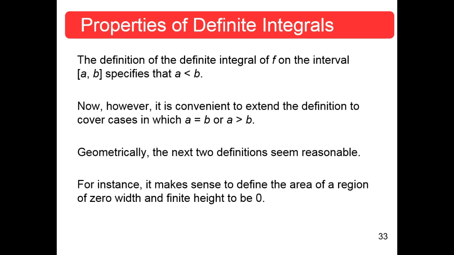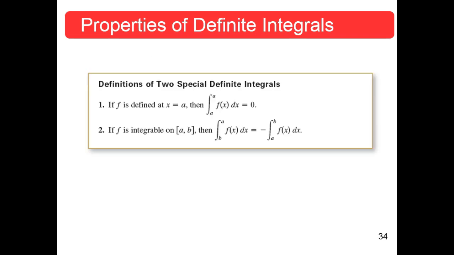Geometrically, the next 2 definitions seem reasonable. For instance, it makes sense to define the area of a region with 0 width and finite height to be 0. If there's no width and finite height, 0 times 7, 14, 83, 4 million is still 0. So that's the first of these definitions.